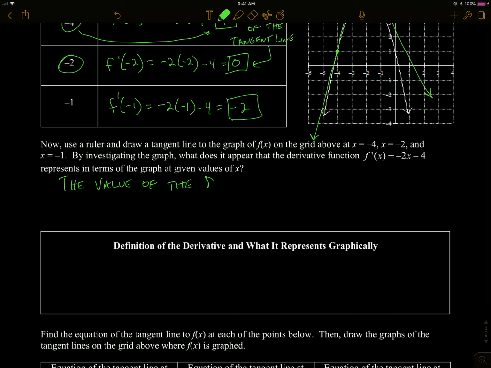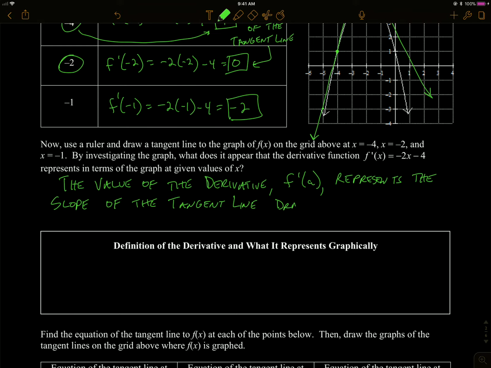The value of the derivative f prime of a represents the slope of the tangent line drawn to f of x, our original function, at x equals a.